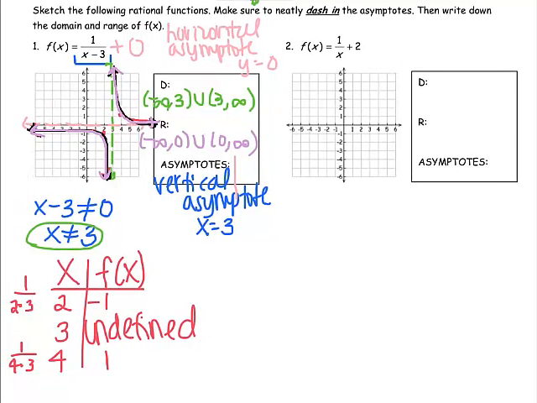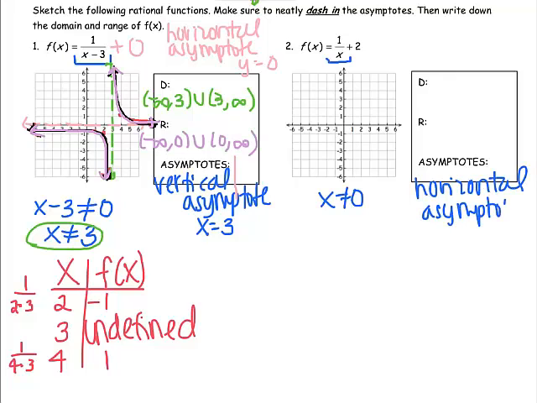When I look at this, I look at that denominator because I first want to find my vertical asymptote. That denominator is just x by itself. So what causes that to be 0? Just 0.